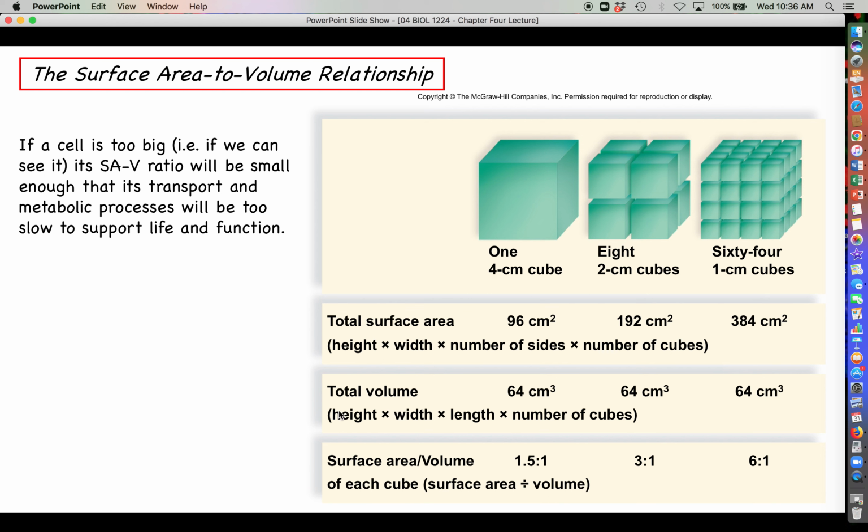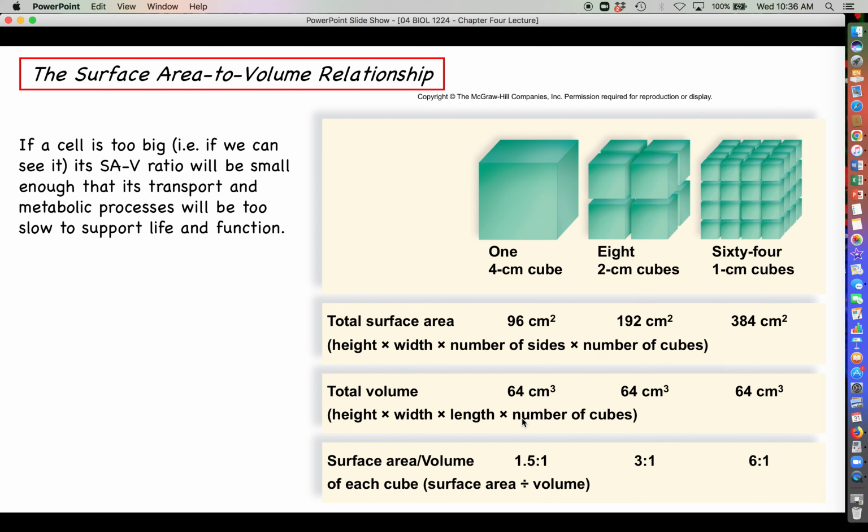The total volume of this cube is 64 cubic centimeters. That's 4 times 4 times 4, length times width times height. So the surface area to volume ratio here would be 1.5 to 1. Okay, so 96 divided by 64.